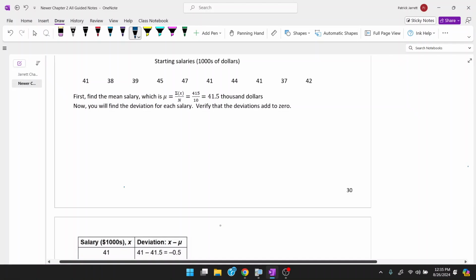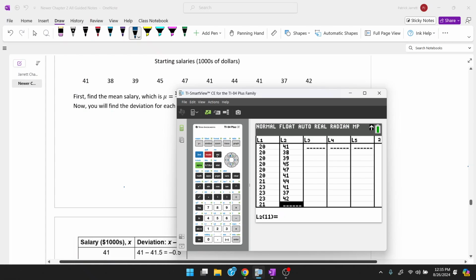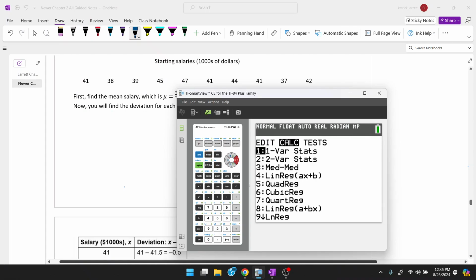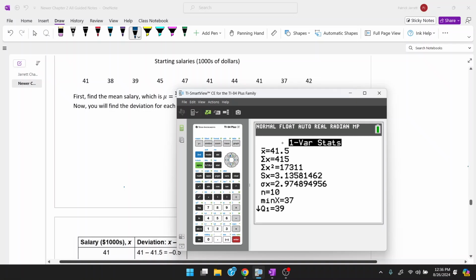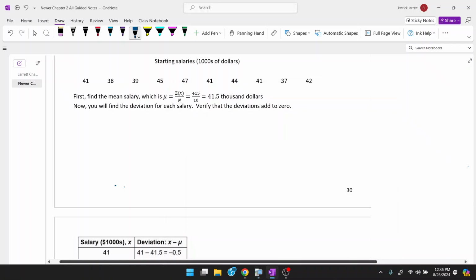I'm showing you the calculation by hand of how we calculate standard deviation. But we're actually not going to calculate it by hand anymore. We're going to actually use the calculator after this. But if I do a 1-var stat on this list, this time it's list 2, I see that I have a mean of 41.5.